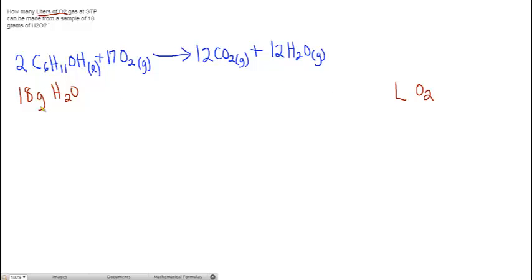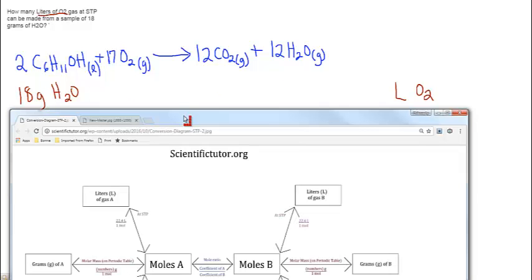How do we get from grams of H2O to liters of O2? We should follow our map or our diagram. We're going to start off with grams of one chemical, H2O, and we're going to go to liters of another chemical, O2.